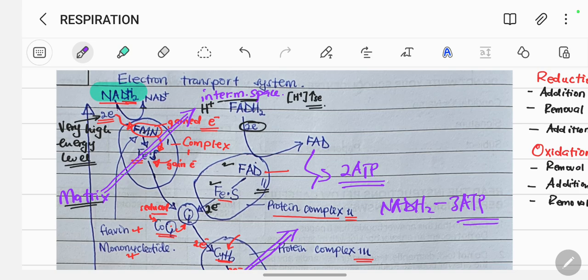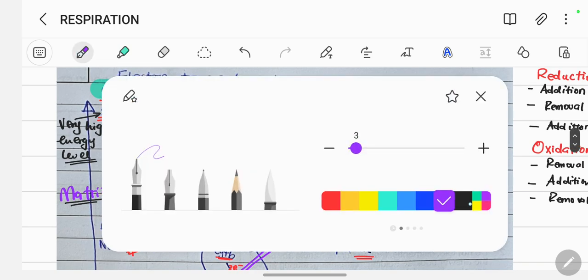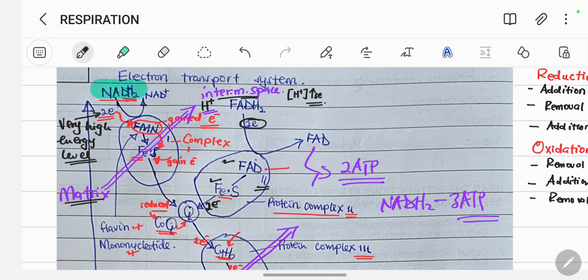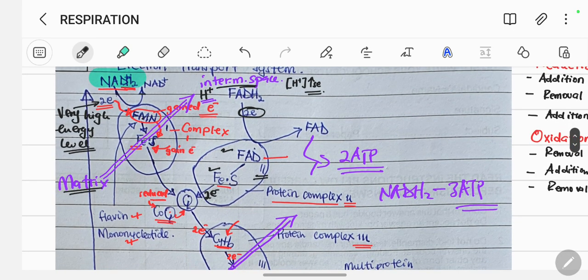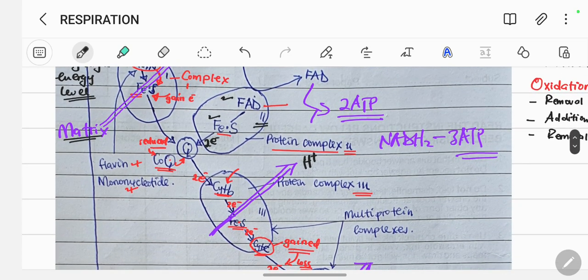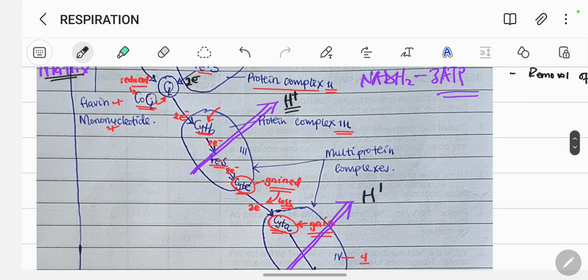So at this point we have an influx of hydrogen into the intermembrane space. So as these electrons move, one electron does that activity and the energy possessed by the other electron is also going to be used there in pumping the hydrogen. So what happens is that we form ATP using NAD.